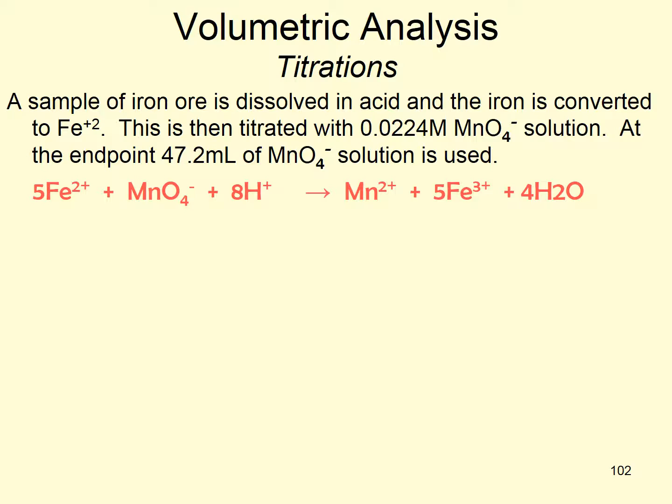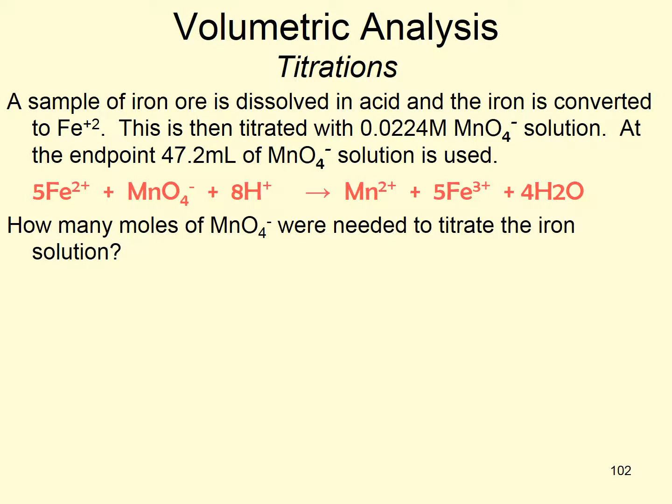And this time they're telling you how much you used at the end point, but what we don't know is the concentration. All right, so here's the balanced chemical equation, and the main thing that you need to get out of this equation is that you have to use 1 MnO4 for every 5 Fe2+ in order to convert it.